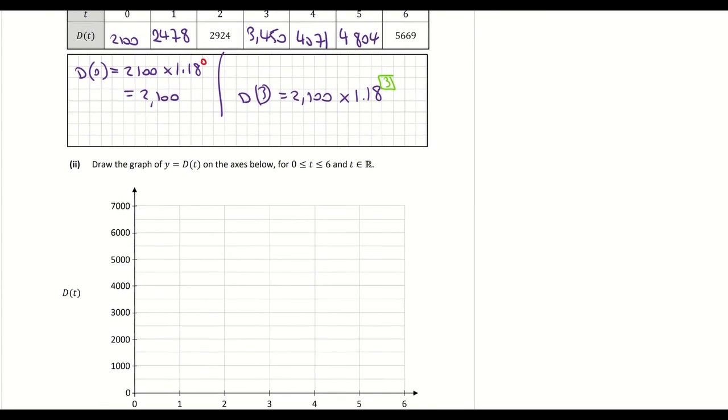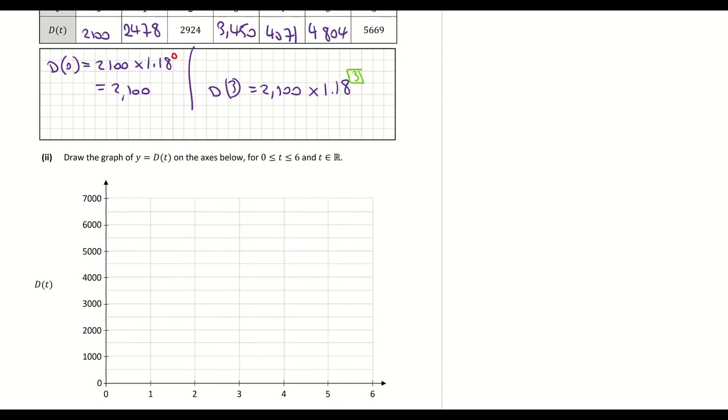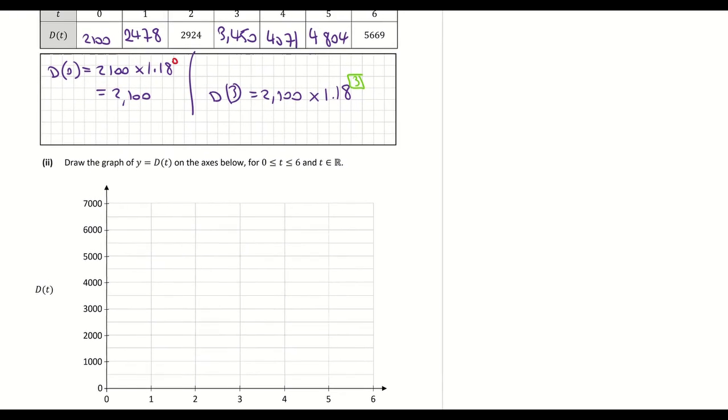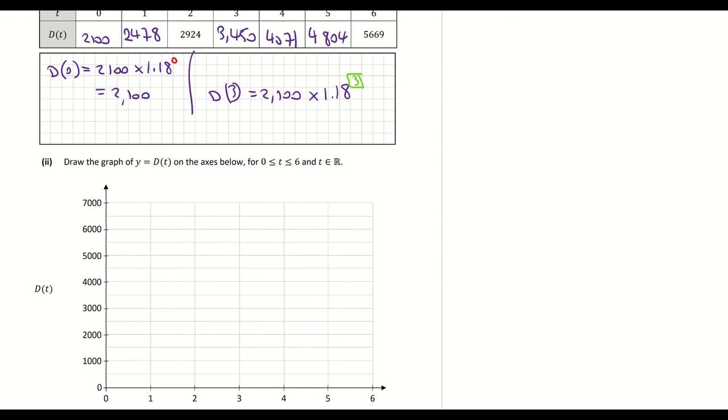Now I need to graph those values here on my diagram from time 0 to 6. Okay, so let's fill that in. So at time 0, it's 2100, so I have a dot around here. I then have 1 goes up to 2,478, so roughly 2,500, which would be there. Then I'm going up just shy of 3,000 for 2, which is here.